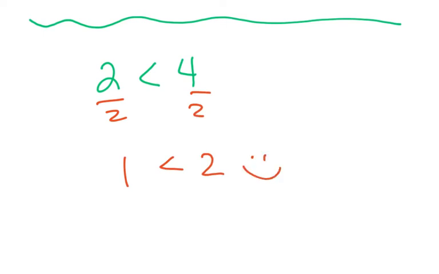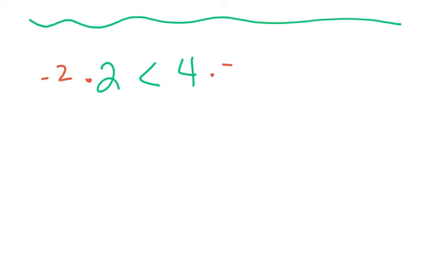Still true. What if I multiply both sides by negative 2? Is that still true? Would you rather lose $4 or lose $8? In order to keep that to be a true statement, you have to flip your sign.